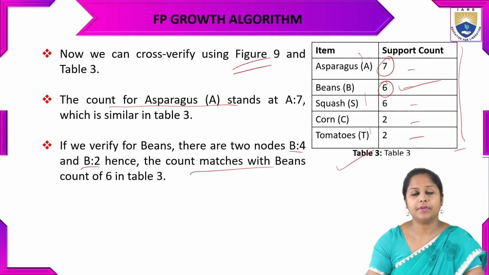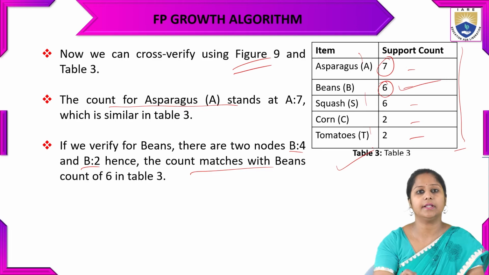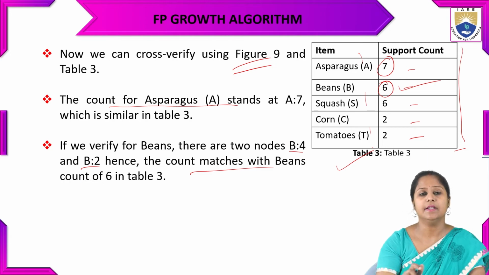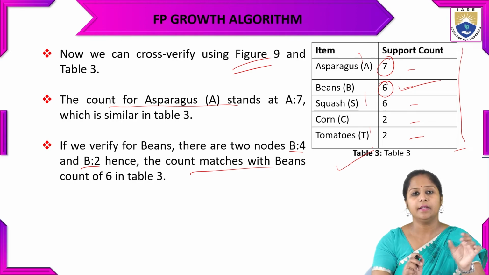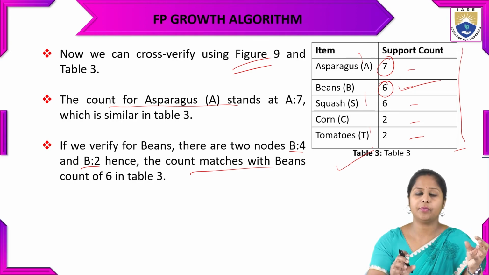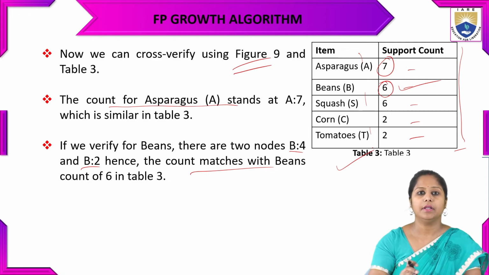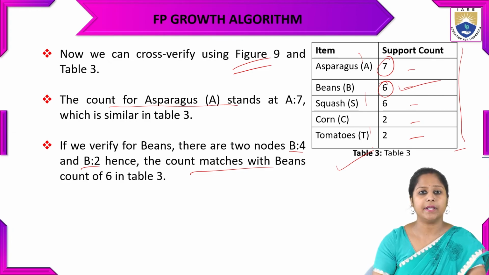In the order in which the items occur in each transaction, we have to add the different items as subnodes on the main FP tree. We have to do that for each and every transaction. Then in the end, the original FP tree has been made.